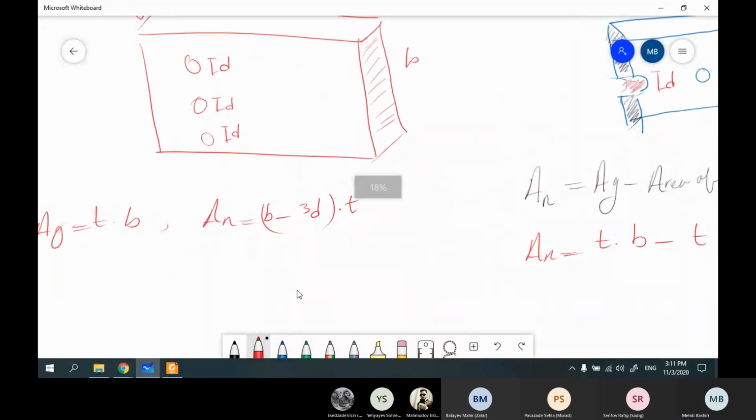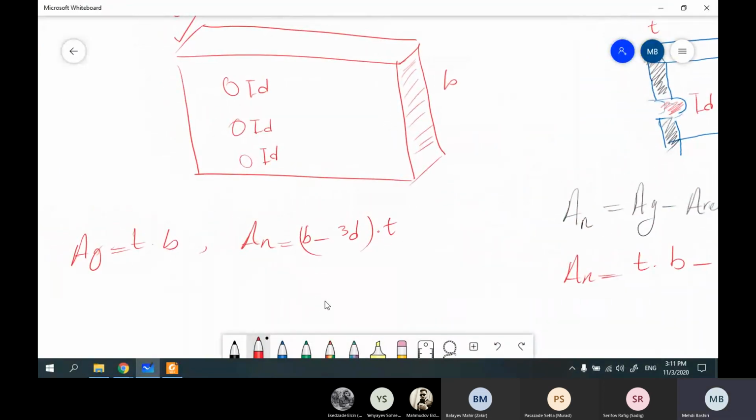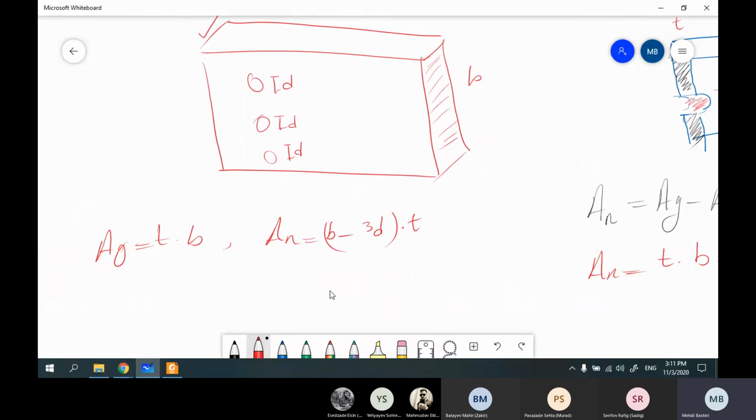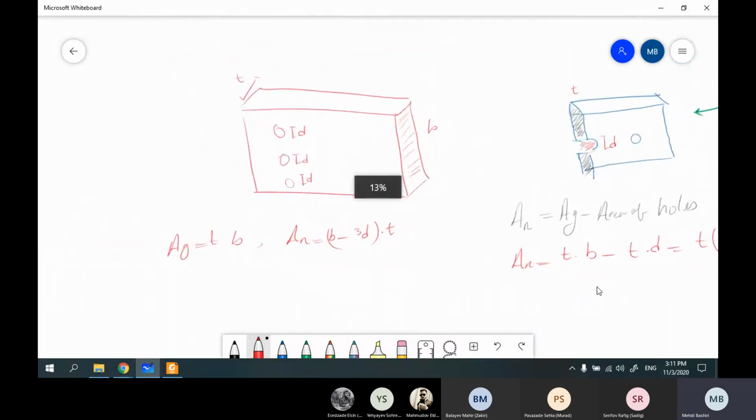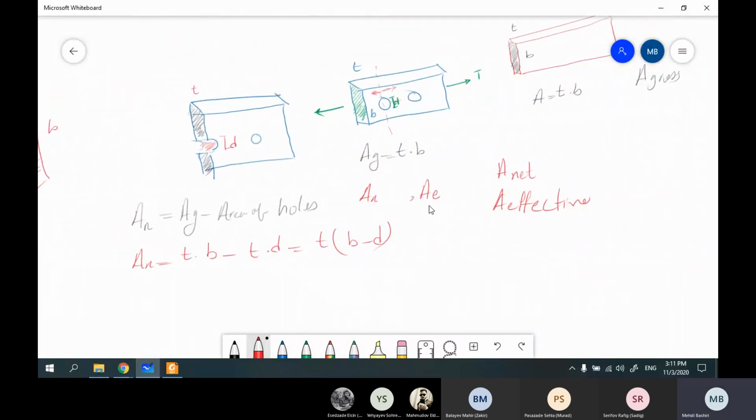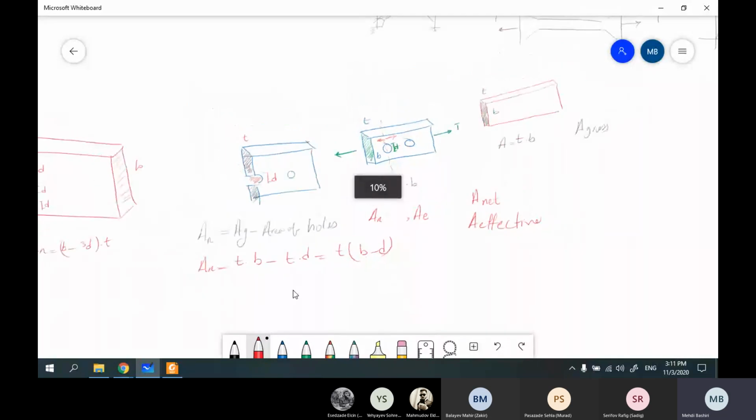This one. Okay. Now I want to explain the phenomenon of AE, effective area. We have the concept of effective area when we are connecting two plates, two members together.